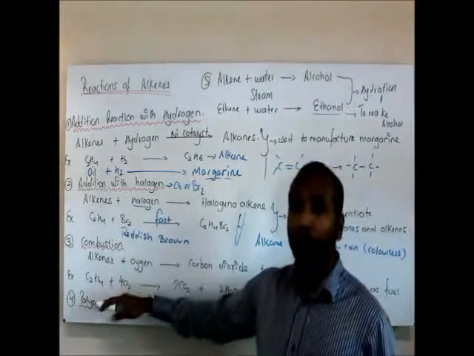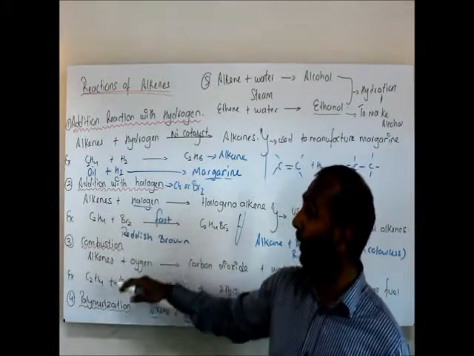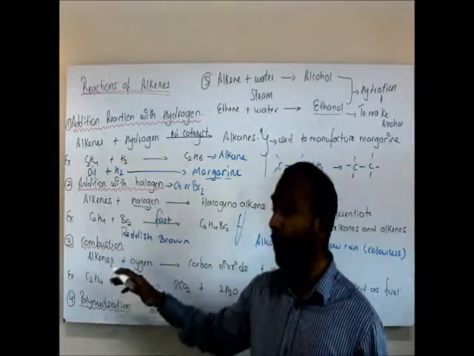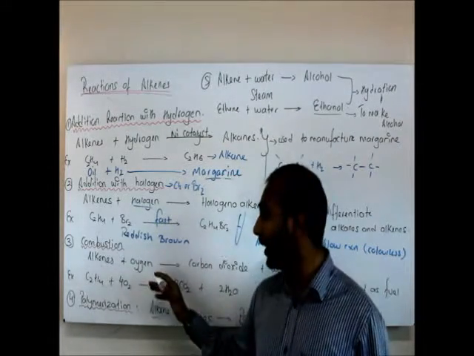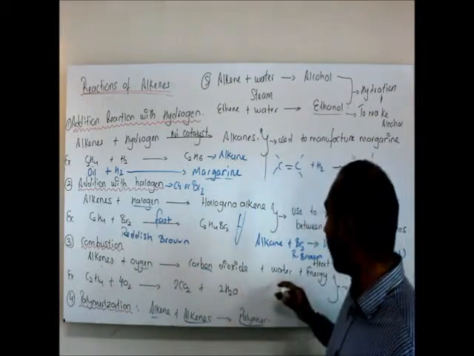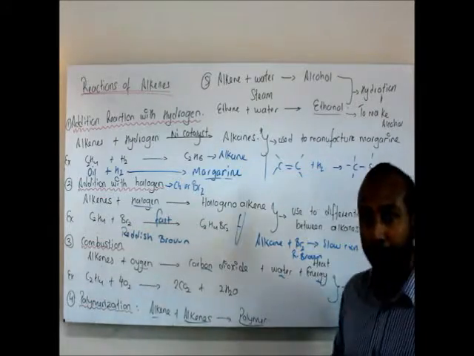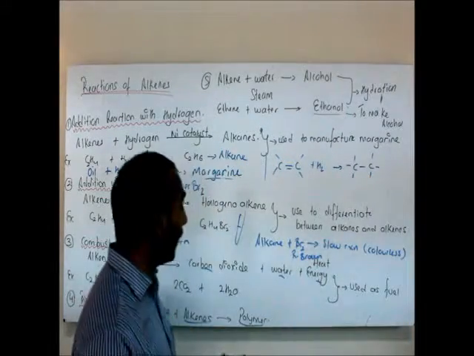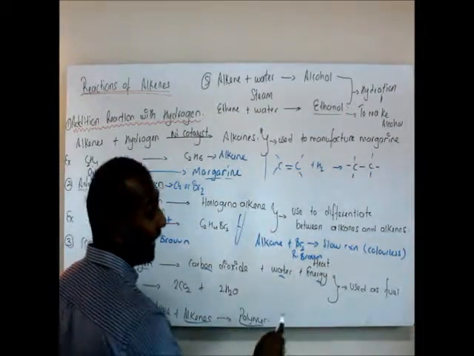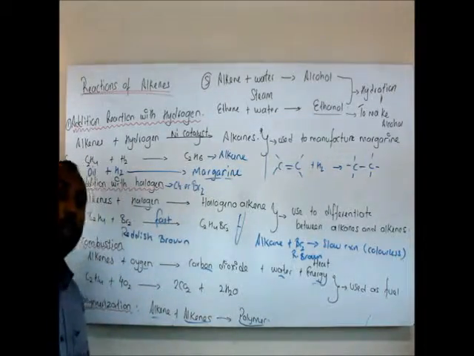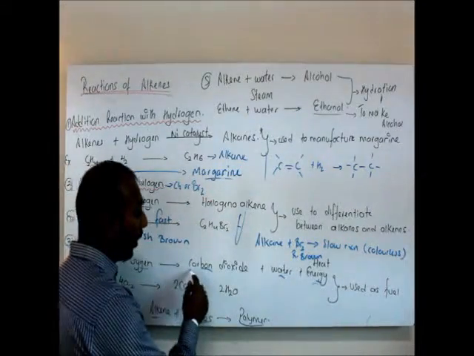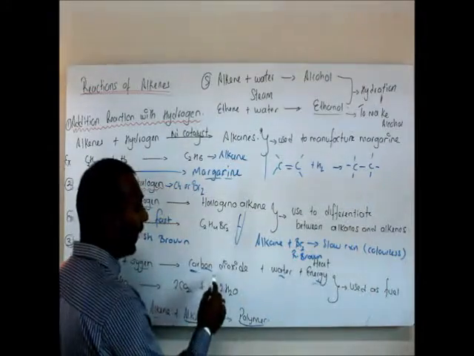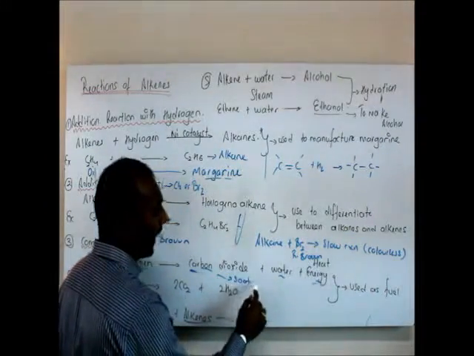The last reaction that we have to look at for alkenes is that alkenes, just like alkanes, you can burn in the presence of oxygen to form carbon dioxide, water and energy. However, note that it will produce less energy than alkanes, and it will form more carbon in the form of soot, which is a black smoke.